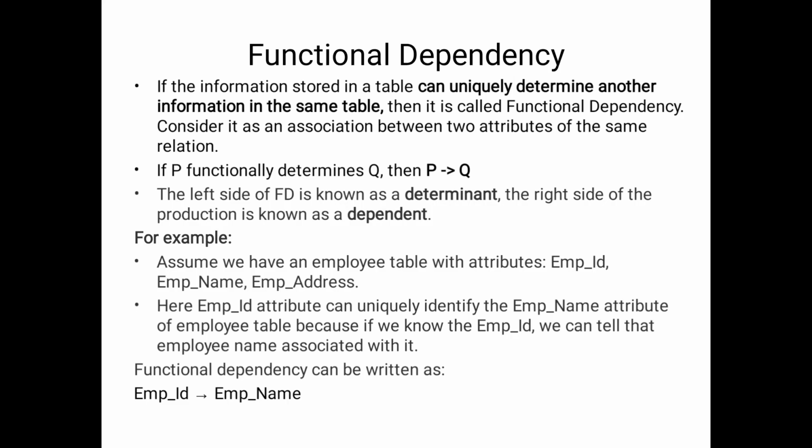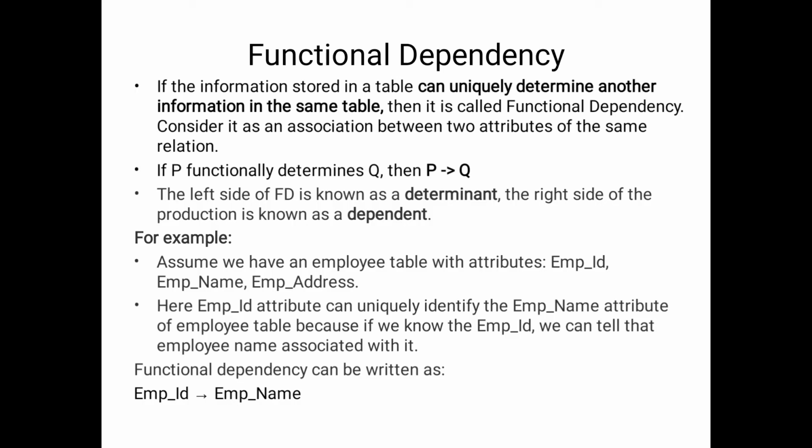So we will say that employee ID implies employee name. Here employee ID is the determinant and employee name is the dependent. The employee name is depending on the employee ID. Suppose we say the employee ID is 10. In that situation, what is the employee name, based on the employee ID?